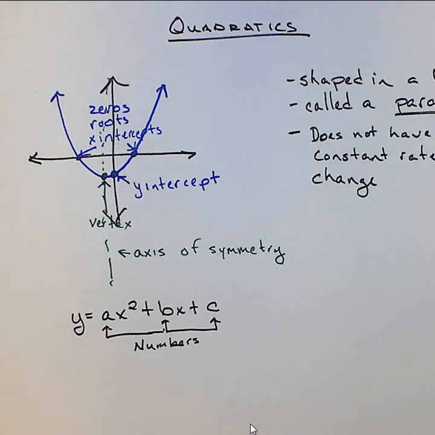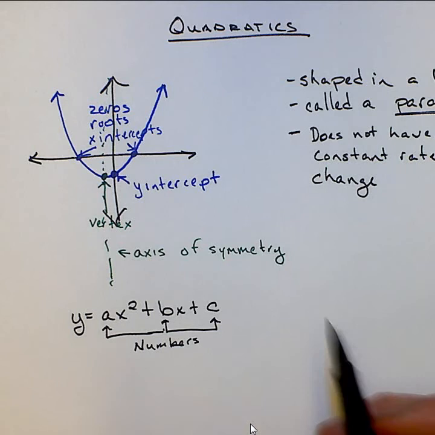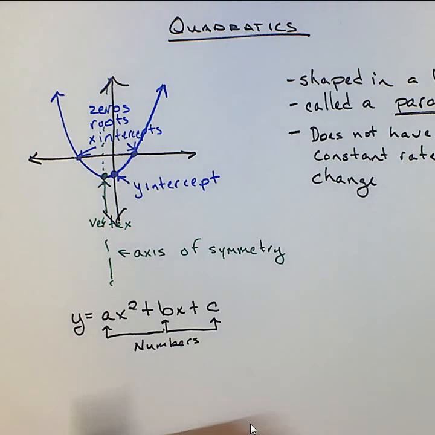For example, if I had y equals x squared plus 10x plus 24. That would be an example of a quadratic. Does that look familiar to what we've been doing in this class? Okay? The x squared plus 10x plus 24 should look very familiar.